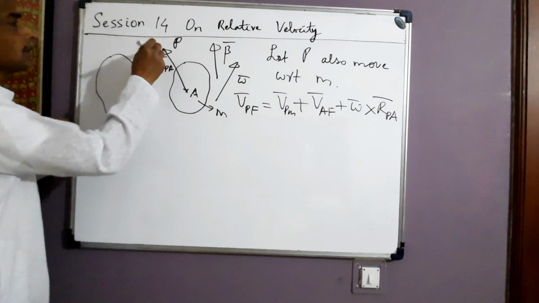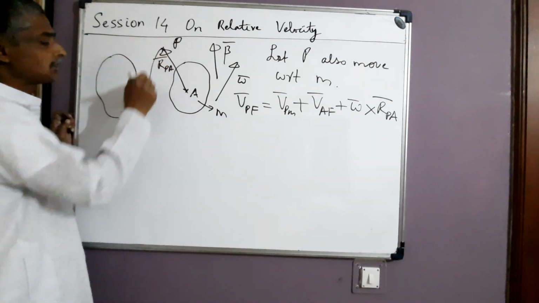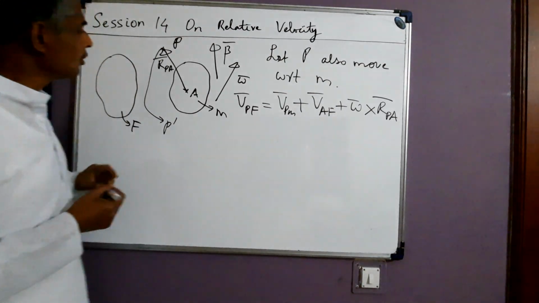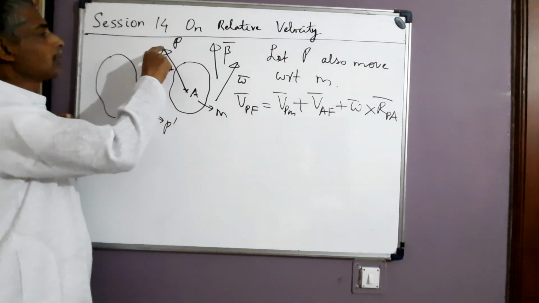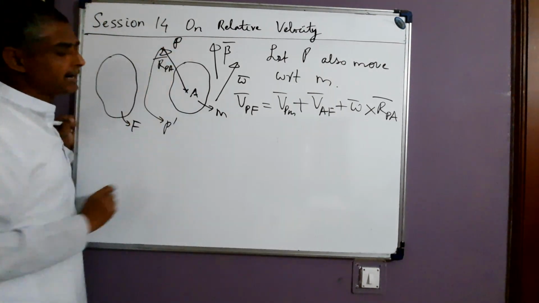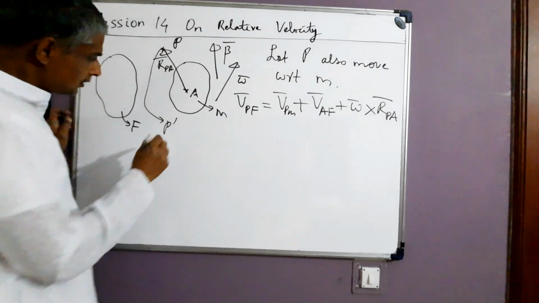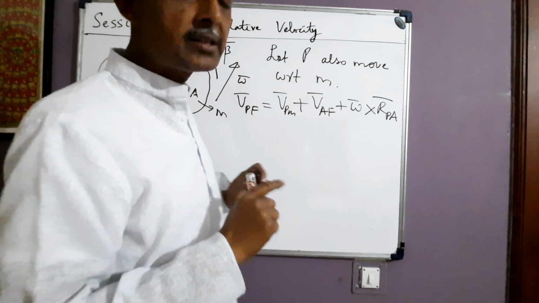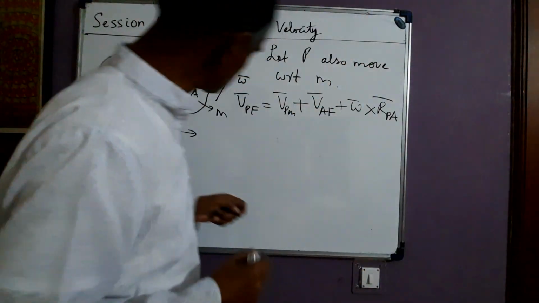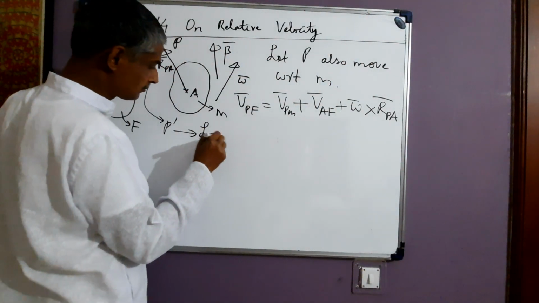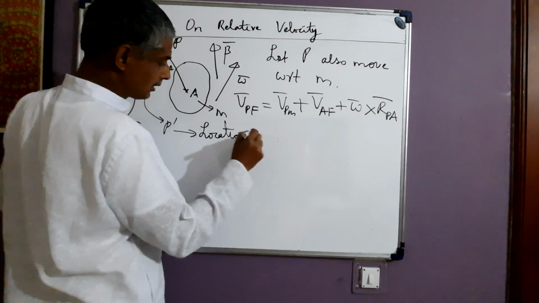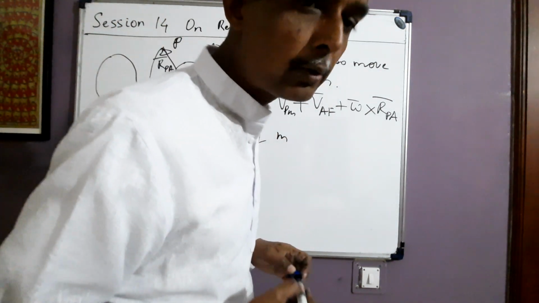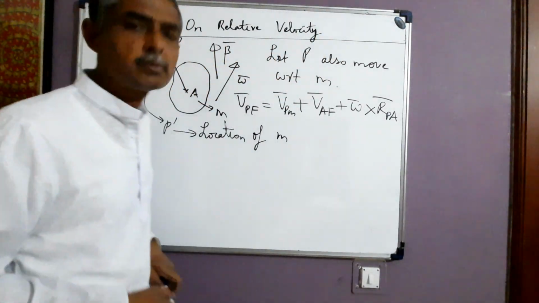So suppose P overlaps with another location P dash of M. So P dash is the location of M which is in contact with point P at time t. Location of M meaning either its real location or imaginary location.